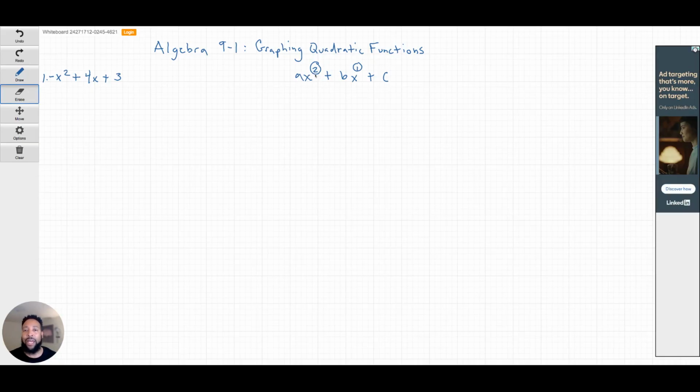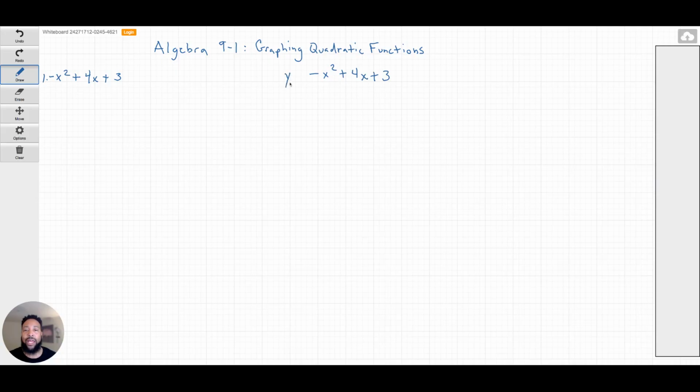So when we're looking at our first problem, we're going to graph the quadratic function negative x squared plus 4x plus 3. And the way you graph is we will say this is y equals.